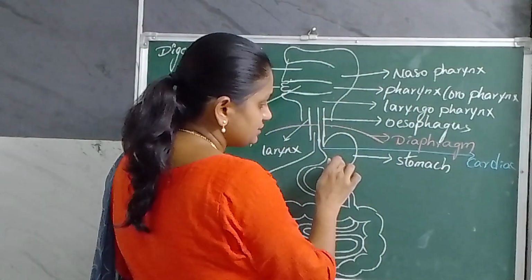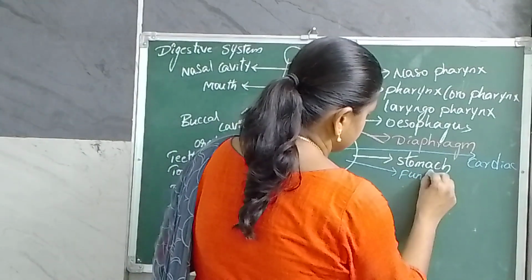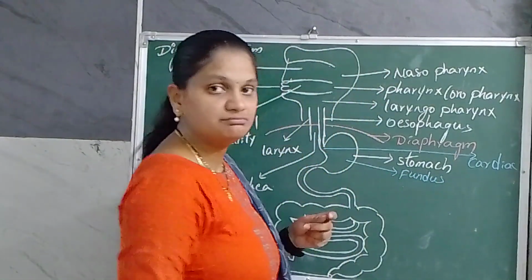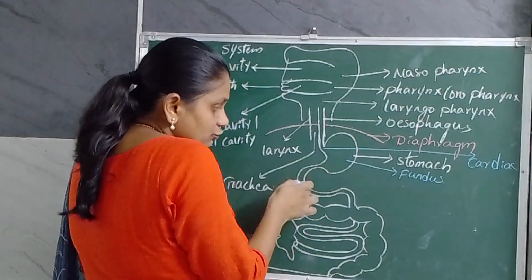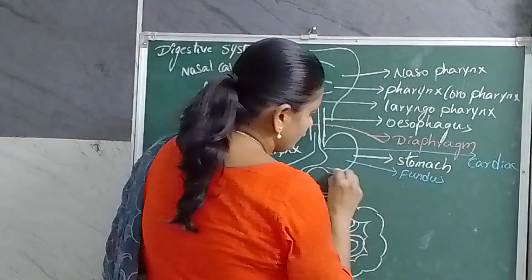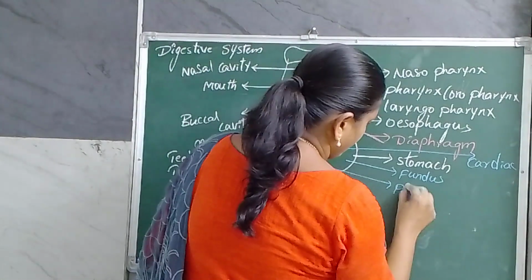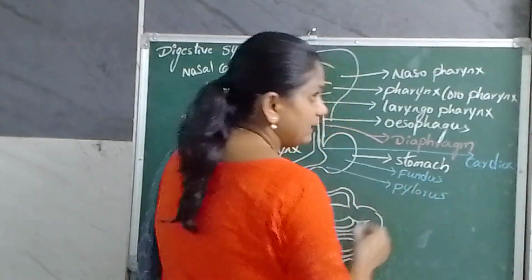And the next main region of the stomach is nothing but fundus, or we can say body. And the portion that opens into the duodenum, that is the first part of small intestine, is called pylorus.